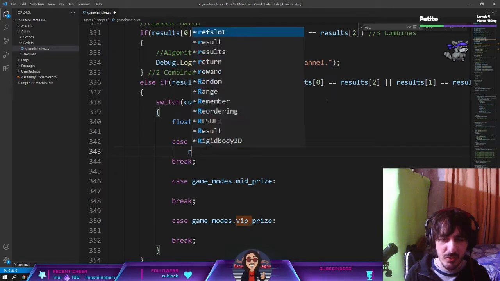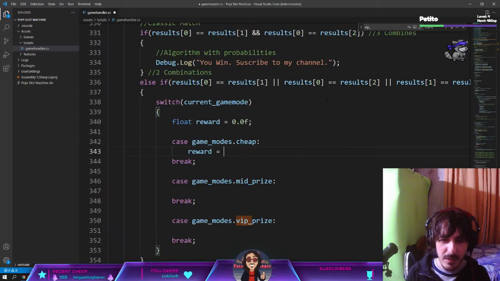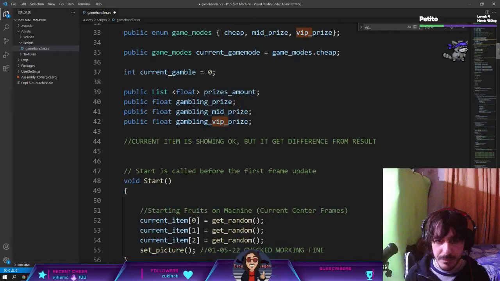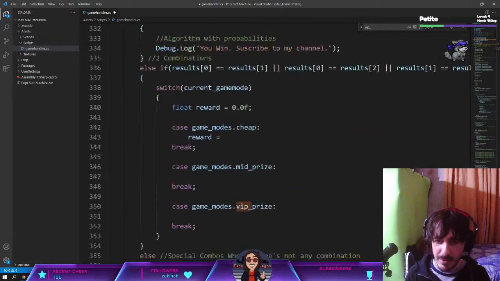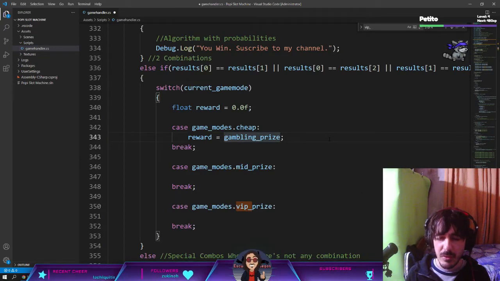In this case, reward will be equal to the gambling price, the low gambling price, and I need to calculate the 30%.